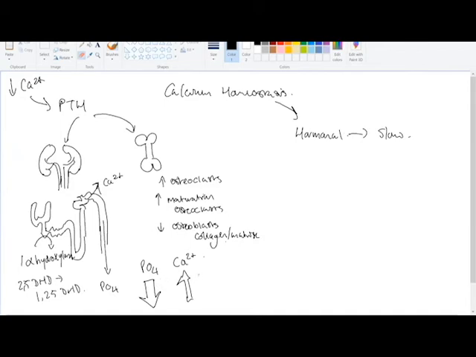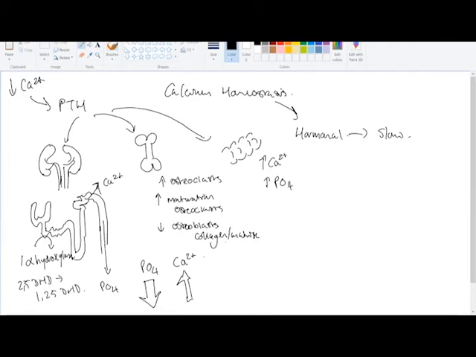Right, that's good. And then we've got something else to consider, which is the gastrointestinal tract. In the gastrointestinal tract, parathyroid hormone will cause an increase in the absorption, not reabsorption, but the absorption of calcium, and it will cause an increase in phosphate absorption.